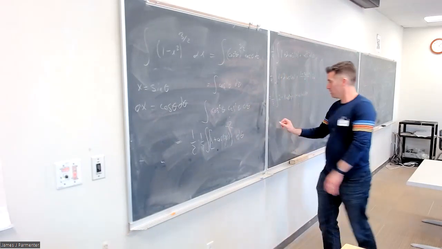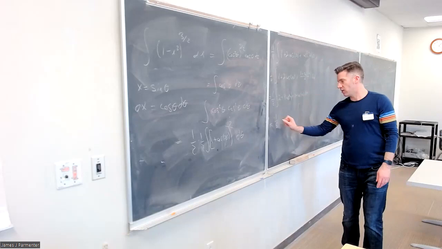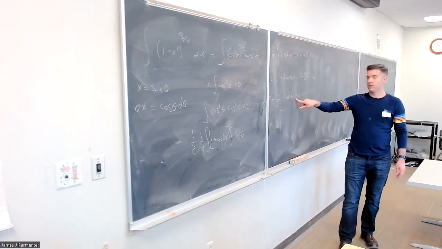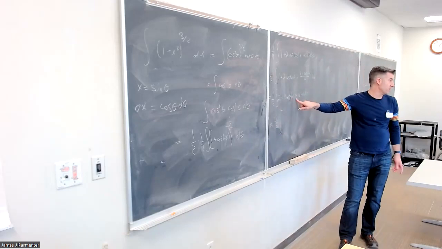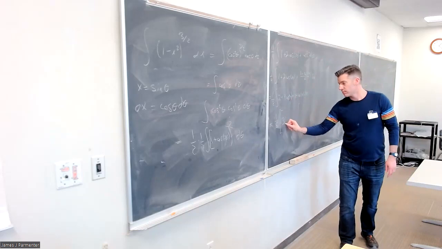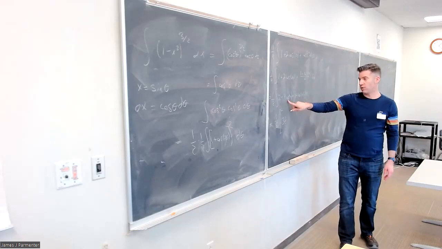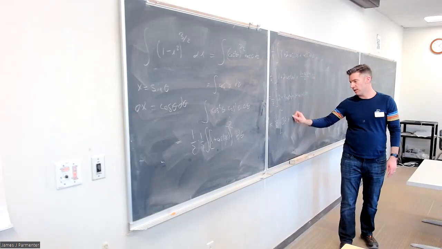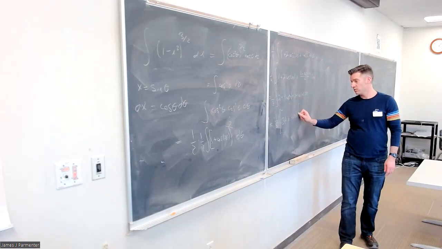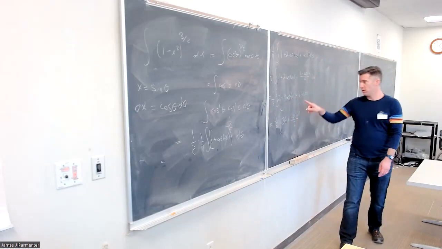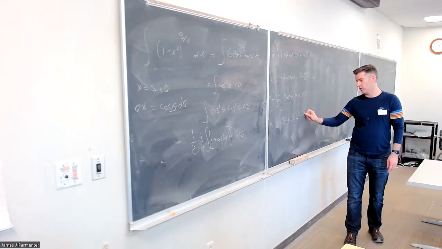And then we can finally integrate. We get 1/8. 2 plus 1 is 3. The integral of 3 is 3 theta. Integral of 4 cosine 2 theta is 4 sine 2 theta over 2. And integral of cosine 4 theta is sine 4 theta over 4.